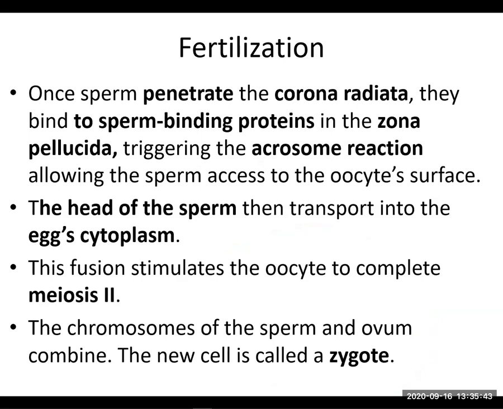So there are going to be many sperm seeing the oocyte, and all of them will try to penetrate it. They will have to penetrate through the corona radiata, which are layers of the original follicular cells.